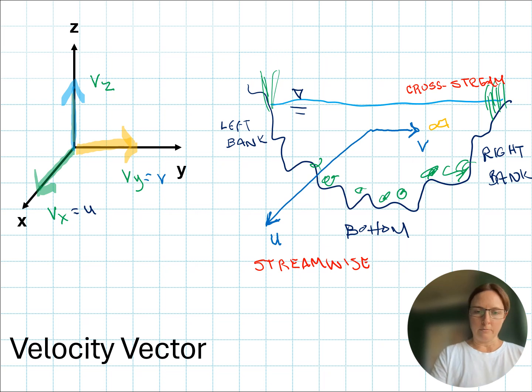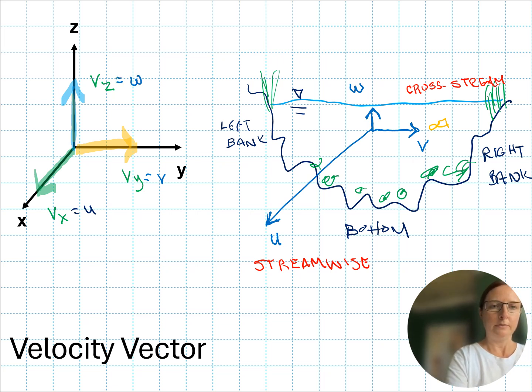Our final component is in the z, and tends to be small relative to both the streamwise and the cross stream components. So this would be our v sub z, our vertical component, and we give this the variable w. So instead of writing v sub z, we will write little w.